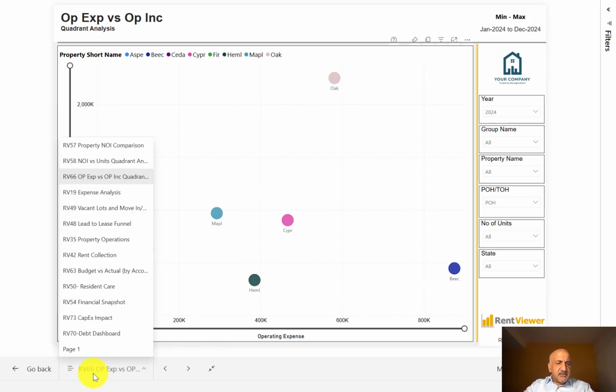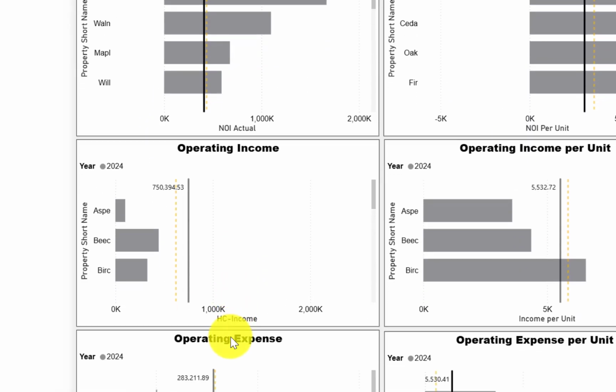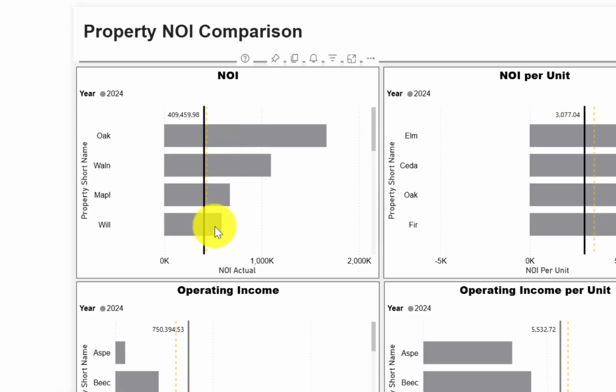So I'm going to look at another chart here, which gives me an overall picture of the performance of these properties relative to each other. On this visualization, I'm looking at NOI, operating income, operating expense, and the same KPIs on a per unit basis.